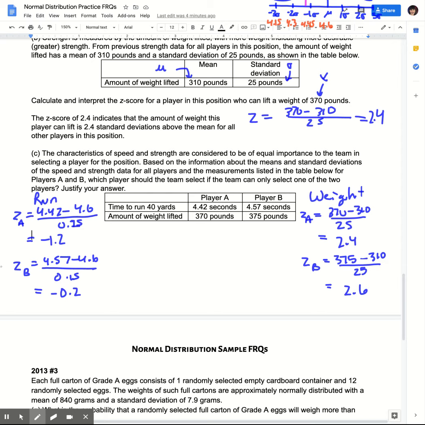So the way that I would write this out and justify this is that z-scores indicate both players are faster than average and lift, and I'm going to say stronger, and lift more weight, right? And stronger than average.